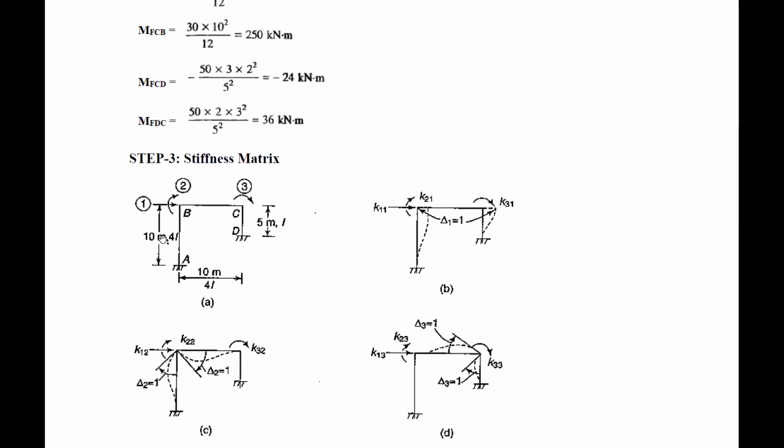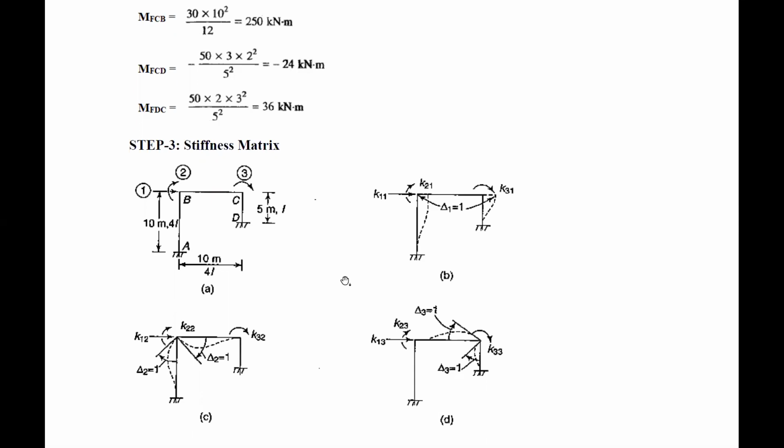Now if we go further, we also have K22, K12, and K32. Similarly, for the third parameter, that is rotation at C, K13, K23, and K33. And we know that one of the important properties of the stiffness matrix is that it is symmetric in nature. That is, Kij is equal to Kji, which means K12 is equal to K21, K13 is equal to K31, and K23 is equal to K32.